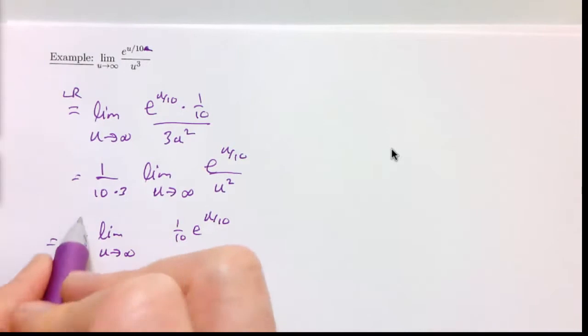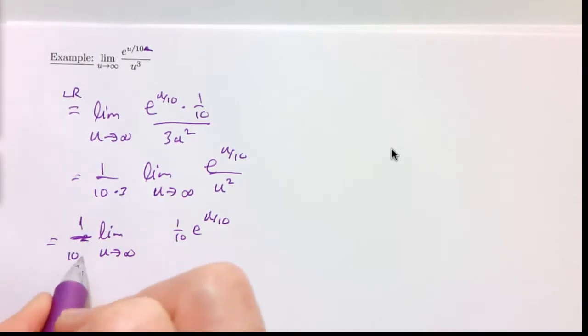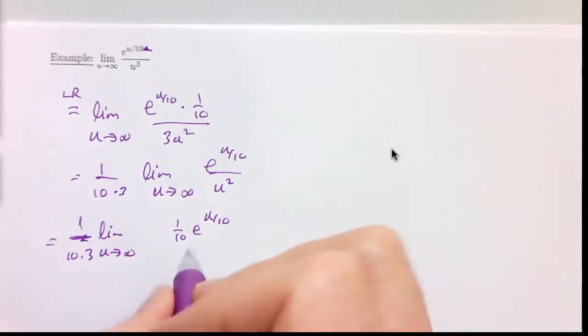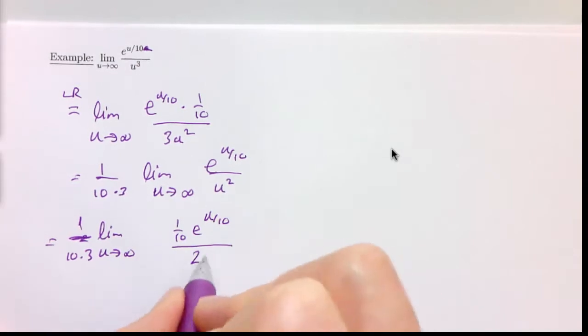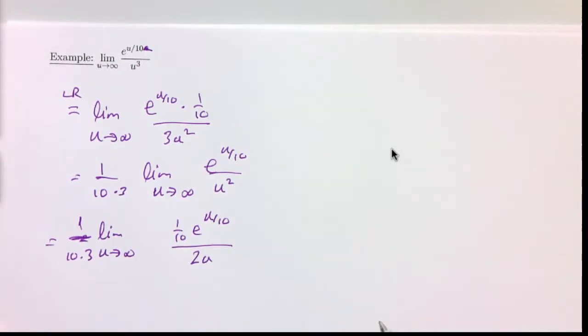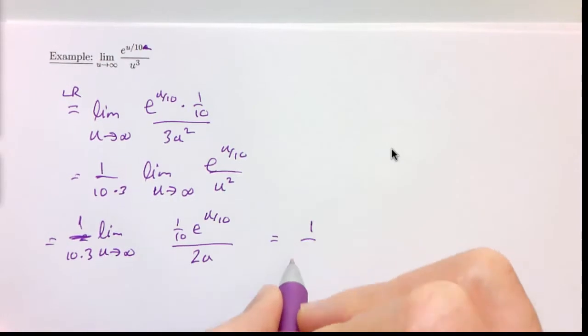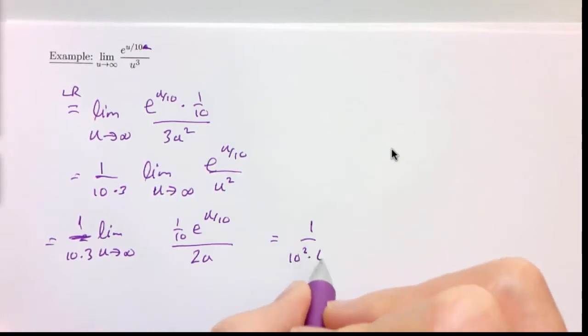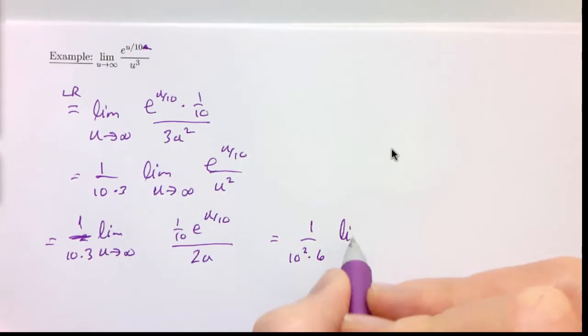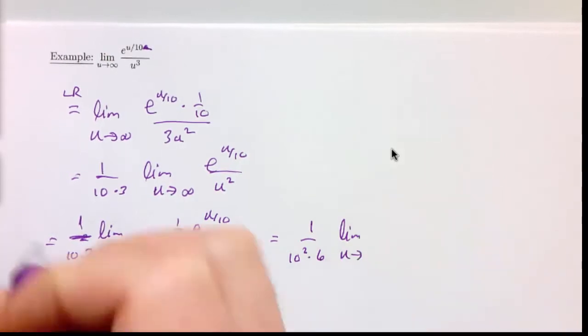Forgot the constants up front. They won't matter in the end here. Still infinity over infinity. We gathered up the constants again up front there, so that was L'Hopital's rule.